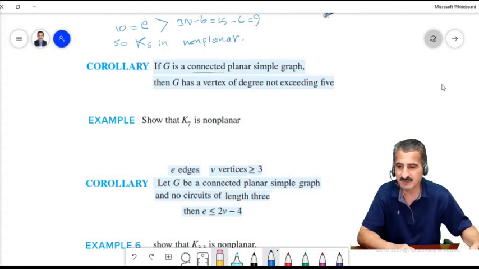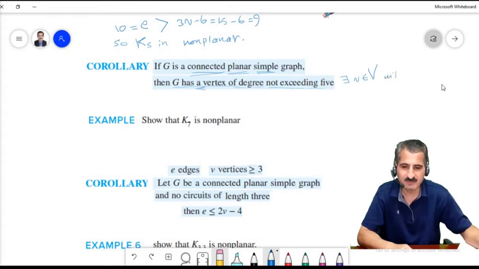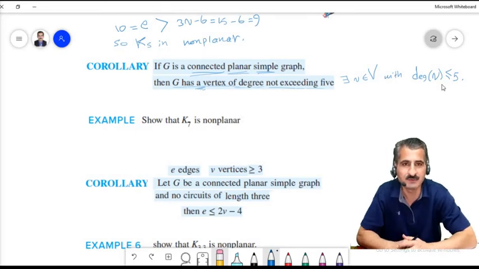So that means there exists a vertex in the vertex set V with the degree of that vertex not exceeding 5, which means it is less than or equal to 5.